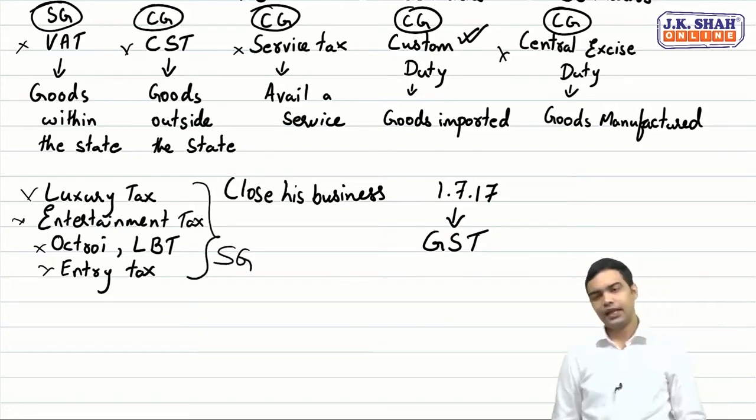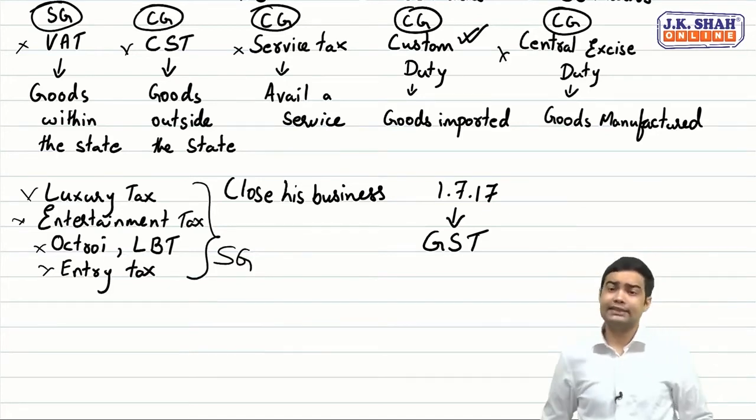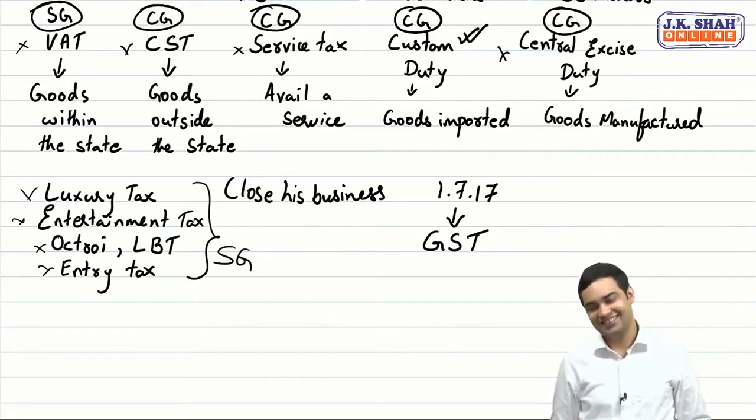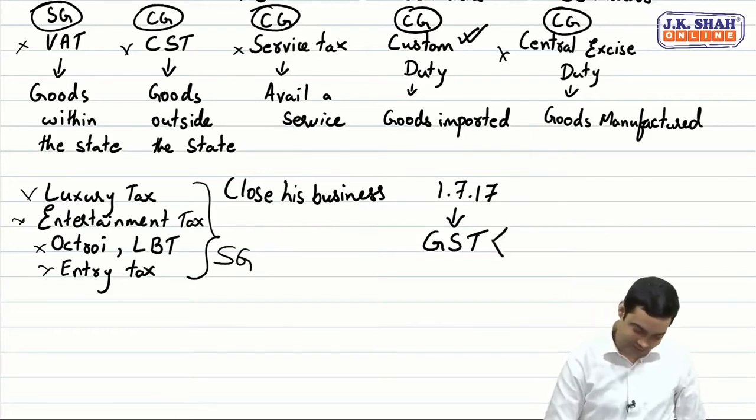Now, the question is whether GST is collected by both the central government and state government, or only by the central government? You know the answer. GST is collected by both the central government as well as the state government.